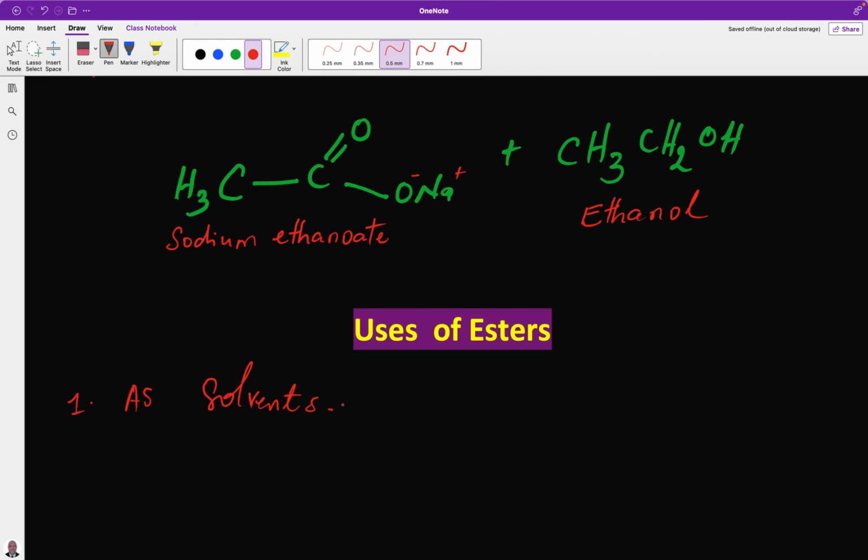Small esters such as methyl ethanoate, ethyl ethanoate, butyl ethanoate are very widely used nowadays as solvents.